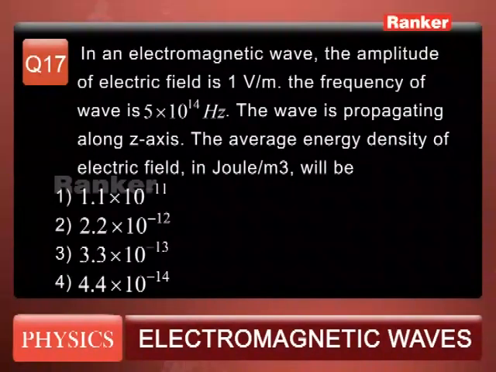The first option 1.1 into 10 to power minus 11. Second option 1.2 into 10 to power minus 12. Third option 3.3 into 10 to power minus 13. And the fourth option 4.4 into 10 to the power minus 14.